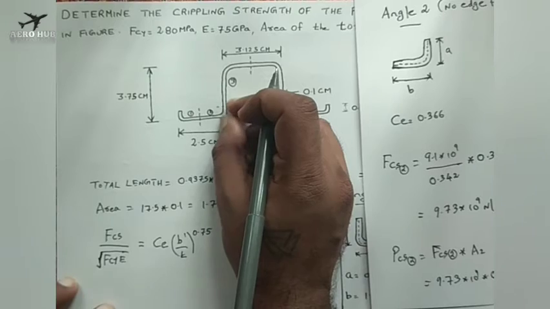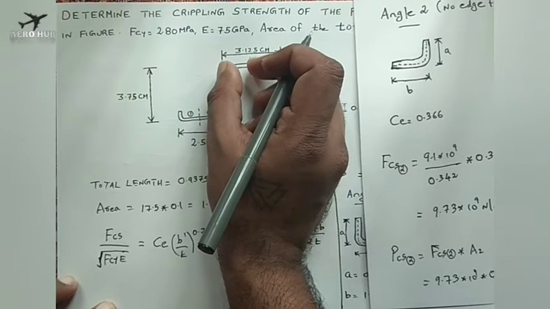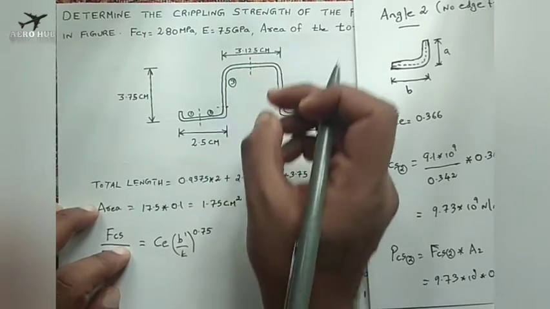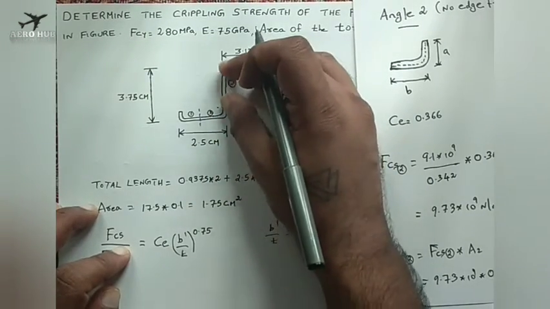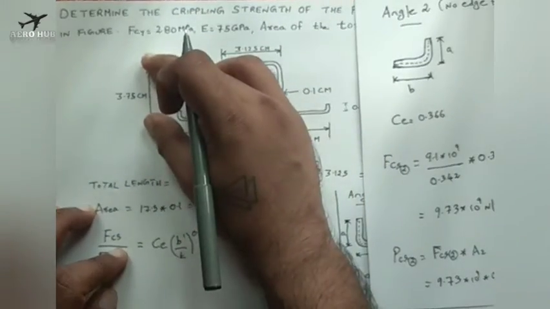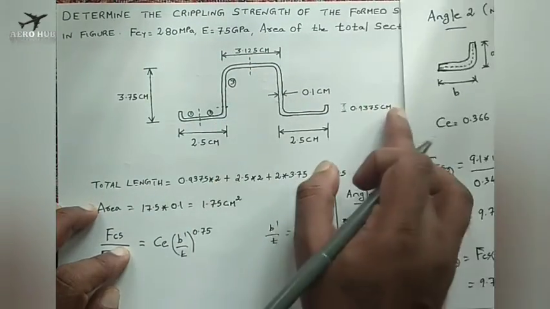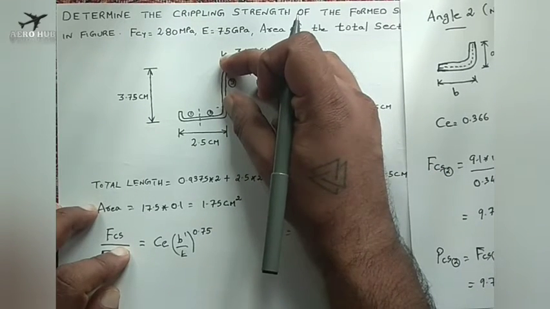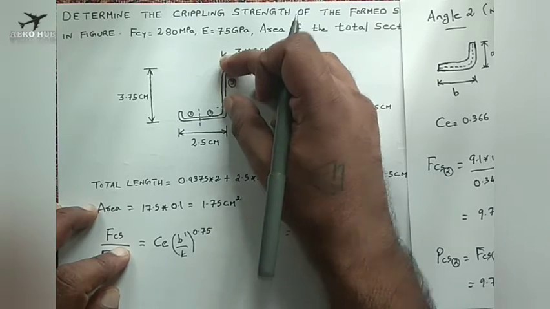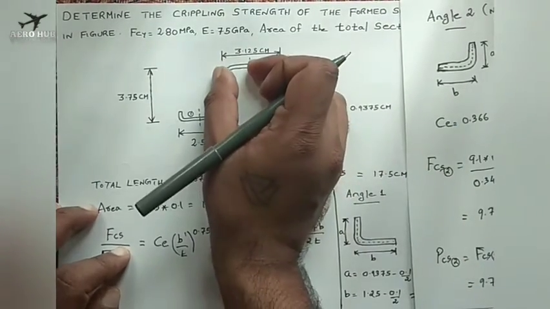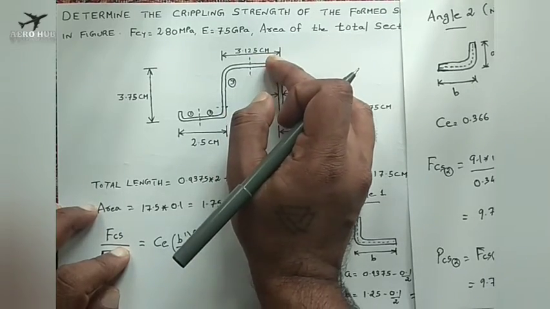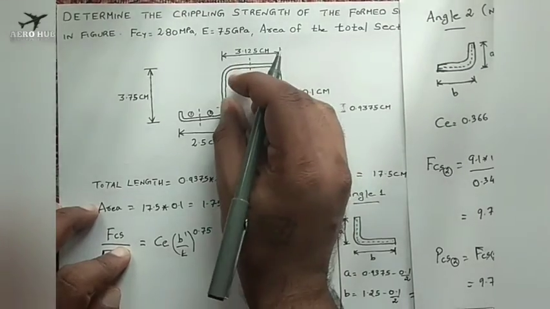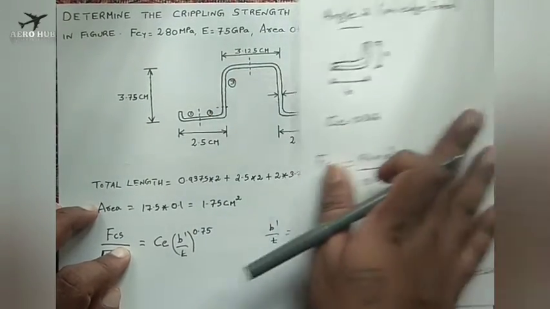That's the value of A. And the value of B is 3.125 divided by 2 minus the thickness by 2. Similarly, this 3.125 divided by 2 gives the horizontal length of angle number 3, minus thickness by 2 gives the value of B.